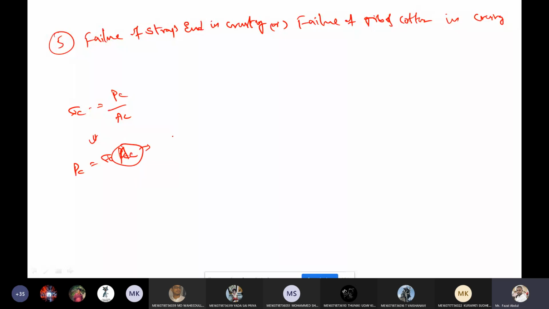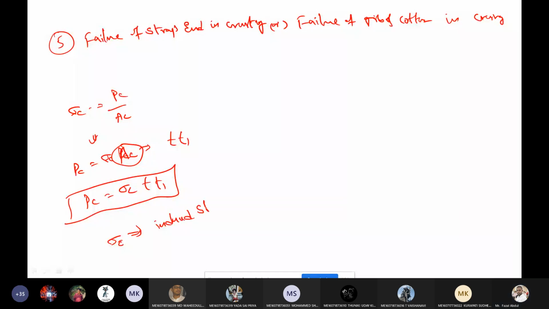So what is the area here? T into T1. P_C equals sigma C into T into T1. With this, sigma C is going to be determined, this is known as induced stress. This induced stress should always be less than the permissible stress. This permissible value will be given in the question.